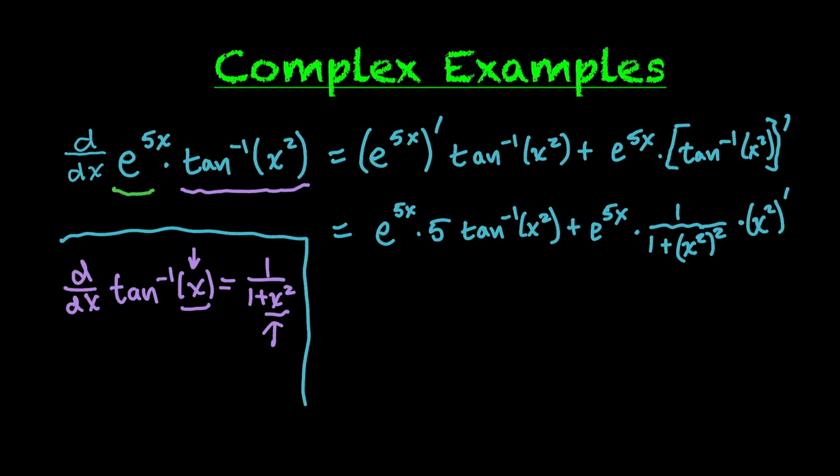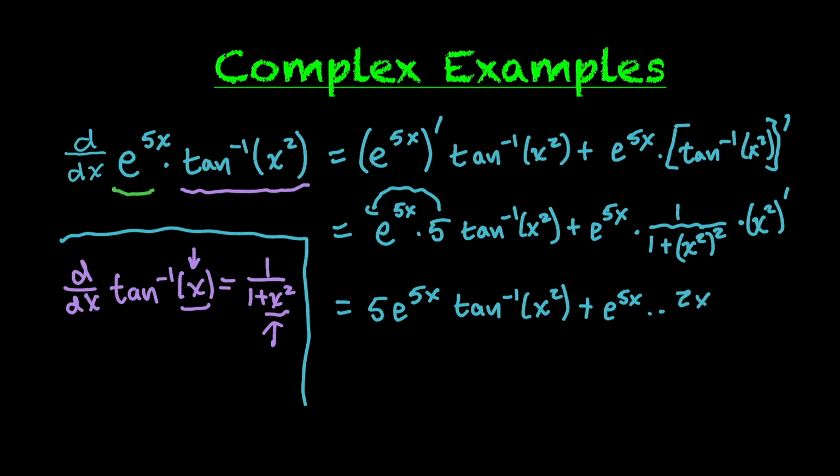Okay. Now I am going to do a little bit of simplification here. It's mainly just copying and maybe moving like a 5 to the front because constants normally go in the front. So 5 e to the 5x inverse tangent of x squared plus e to the 5x times the derivative of x squared is 2x, and that can land on the top of this fraction.